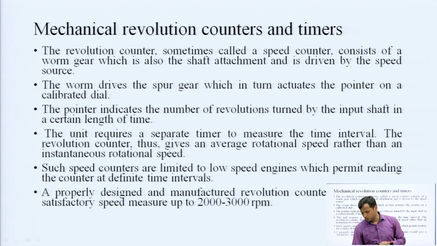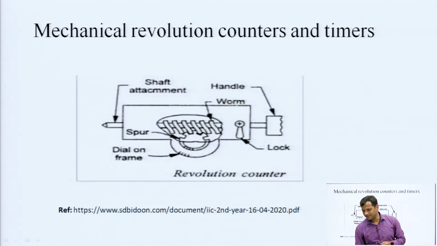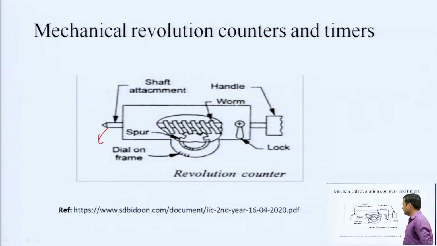We will see now the construction of the mechanical revolution counter and timer. We can see in that, this is the shaft attachment, this is our shaft, this is our spur dial, and this is our worm.